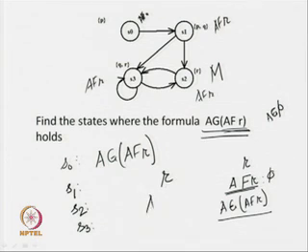Then another sub formula is AFR. Before going to AG AFR, we must know the truth values of AFR in each and every state. Then only we can look for the truth values of the given formula AG AFR. So, after analyzing this model, we have found that AG AFR is true in all those 4 states.